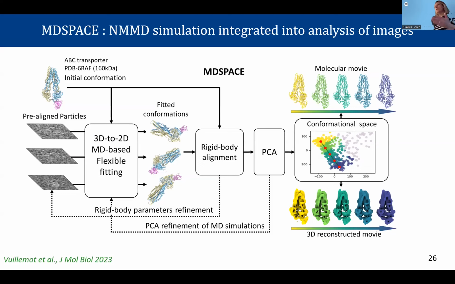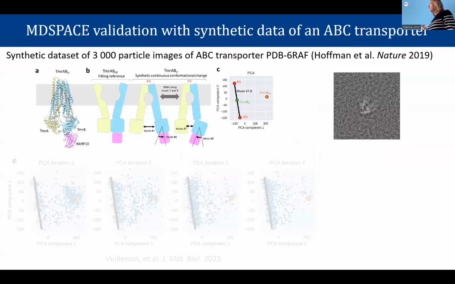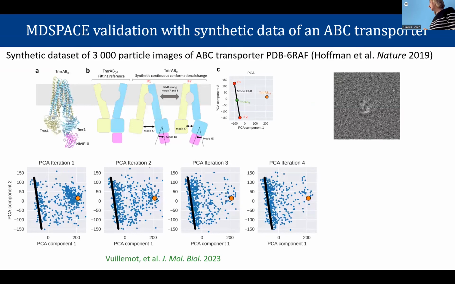So normal modes are used in the first iteration as the vectors to show where the atoms move, that are natural from normal mode analysis. In the next iteration, we replace them by the principal axes of this conformational space that we obtain at the end of that iteration. Like this, we could show, for example, with synthetic data, that we were able to iteratively refine the conformational space.